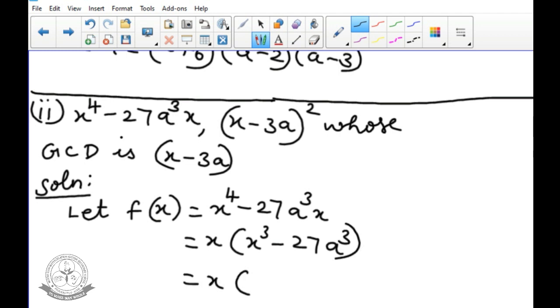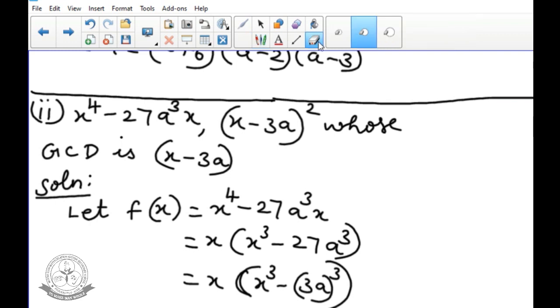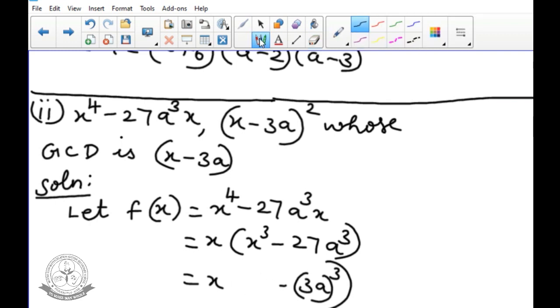Again we can write 27 a cube as 3a the whole cube. Is it correct or not? So we get x into x cube minus 3a the whole cube.